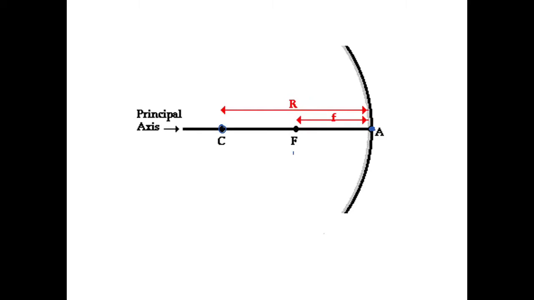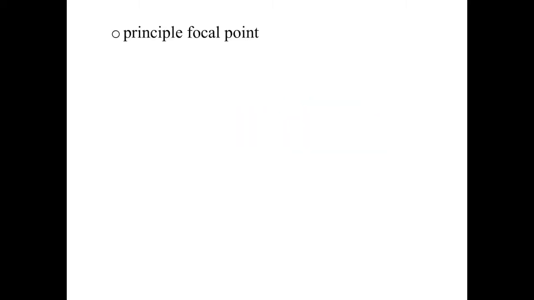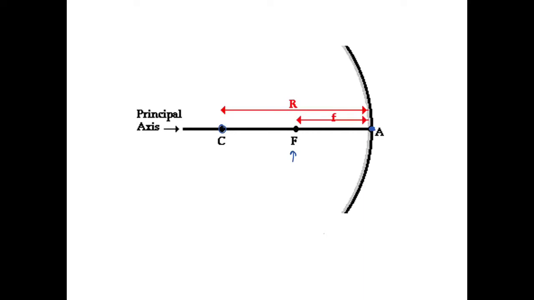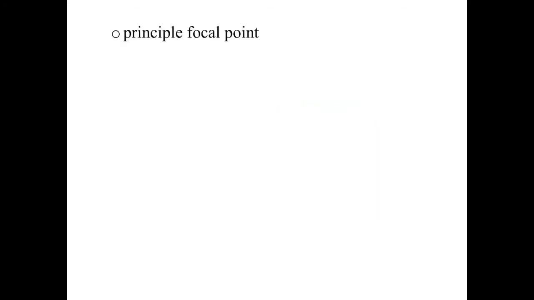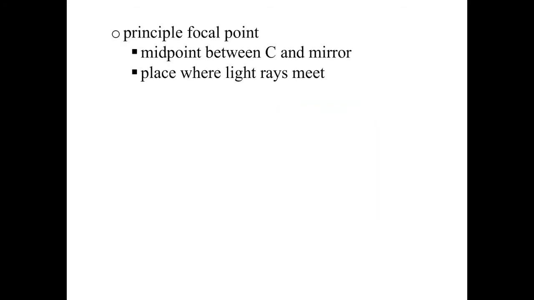And then what's this thing? What does that F stand for? That stands for the focal point. That's the midpoint between C and the mirror, so this is halfway between C and the mirror. This is the place where all the light rays meet, which is pretty interesting.